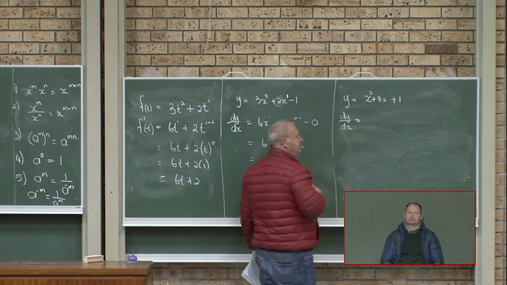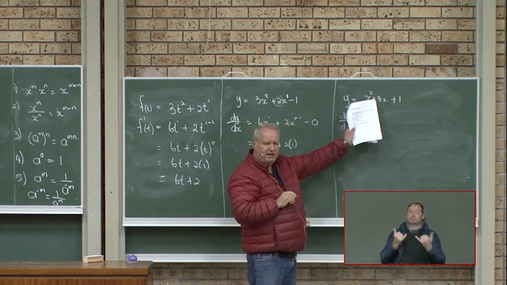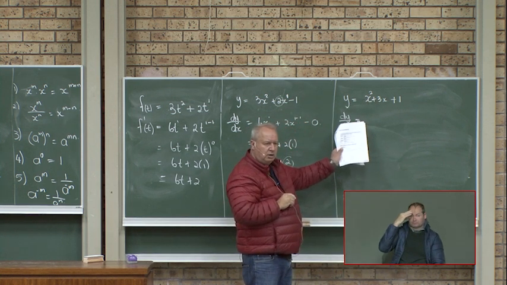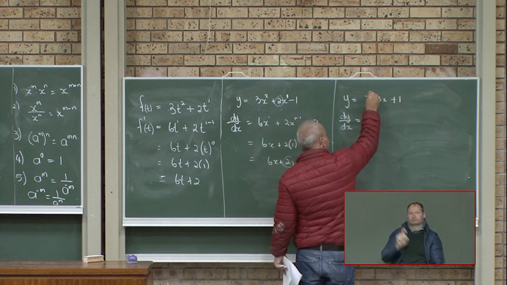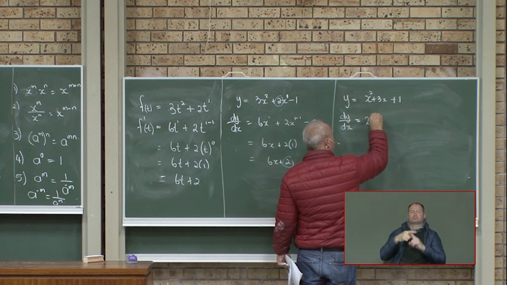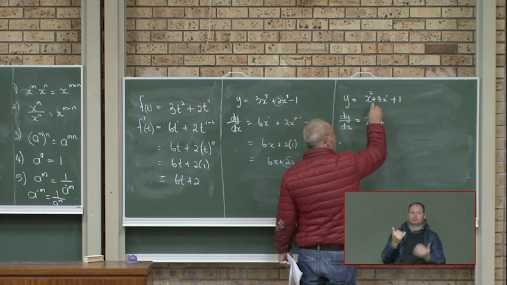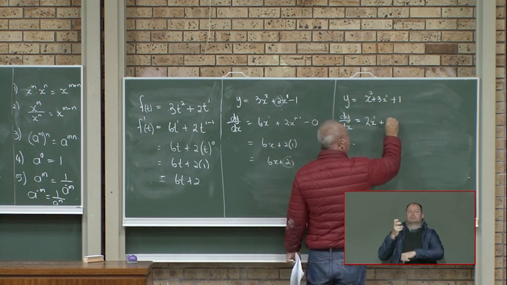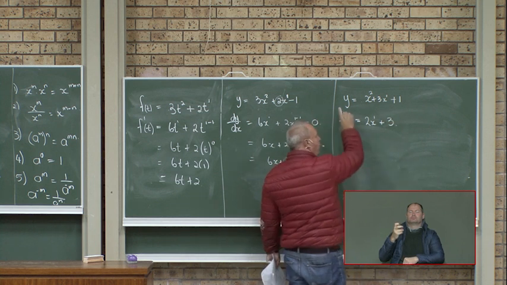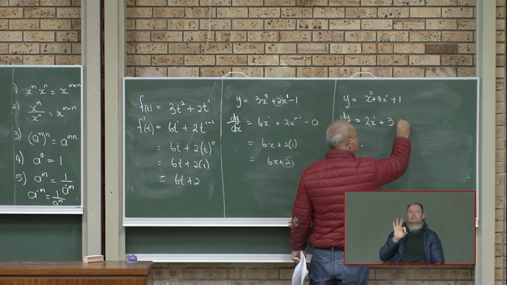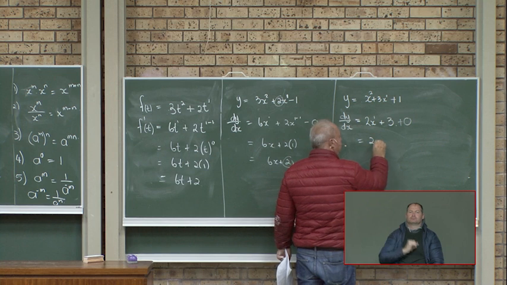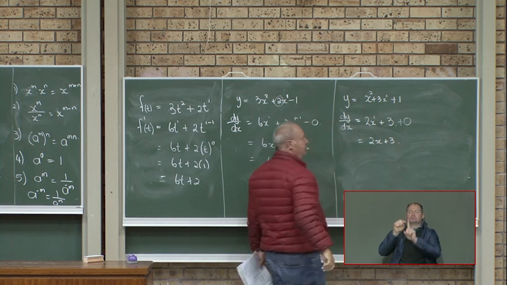Now help me, please. What is the derivative of x squared? 2x. You say 2 times 1 is 2, keep x, subtract 1 from the exponent, 2 minus 1 is 1. If the exponent is 1, what is the derivative? The coefficient, which is 3. What is the derivative of 1? 0. So the answer is 2x plus 3. Are you happy with that?